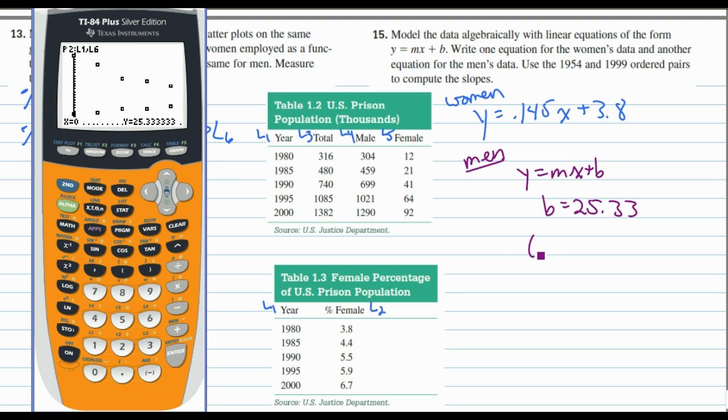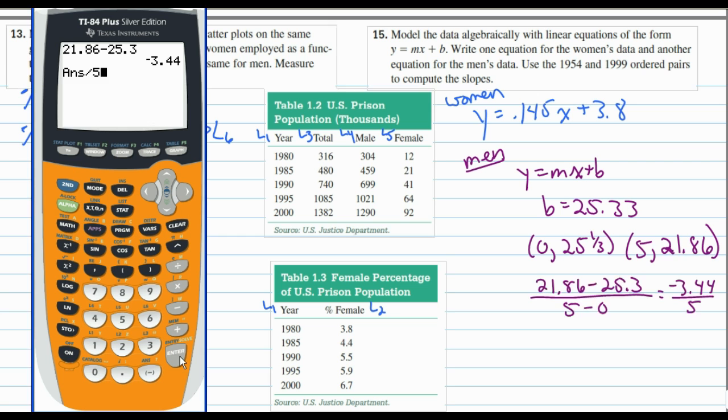I have to calculate my slope, again, using two data points, so I can use this point that I'm on, 0, looks like 25 and a third. And then if I hit to the right, I'll go to the next data point, which is 5, 21.86. I get a slope of about negative 0.688, which makes sense to me.